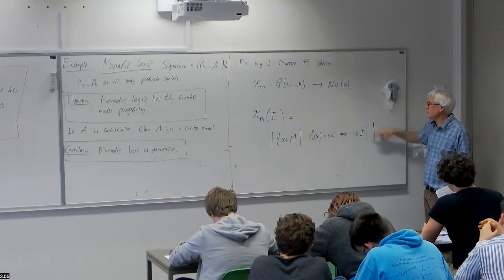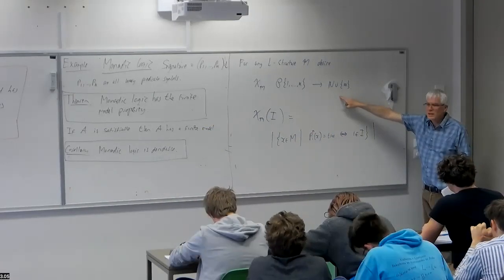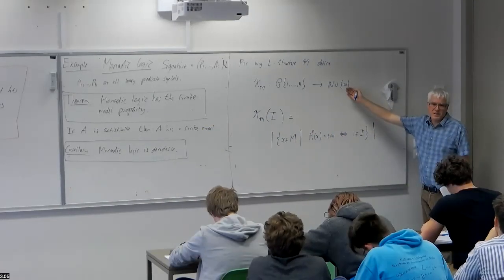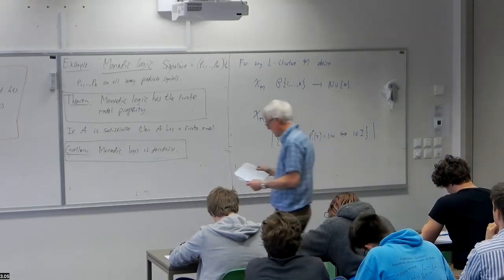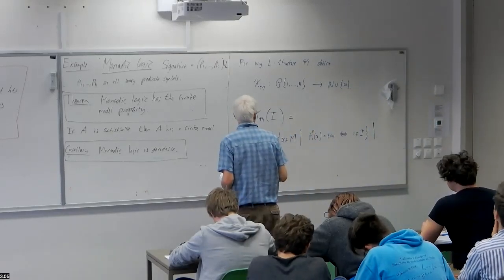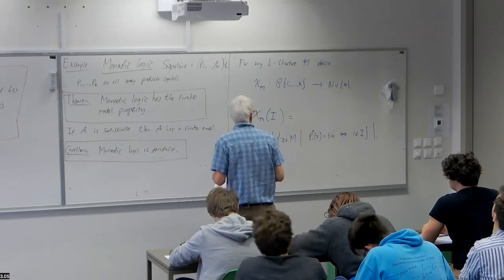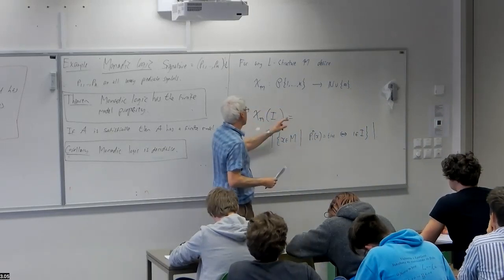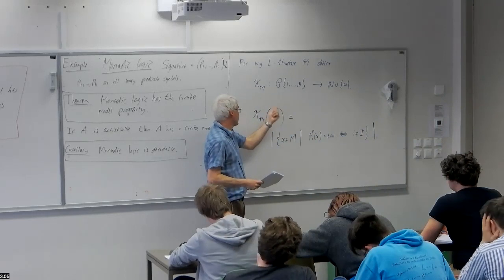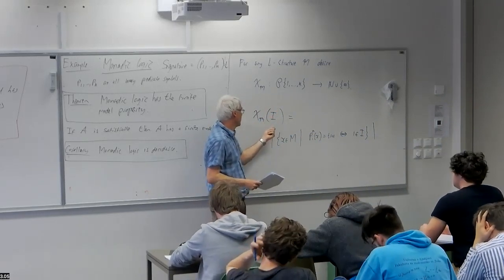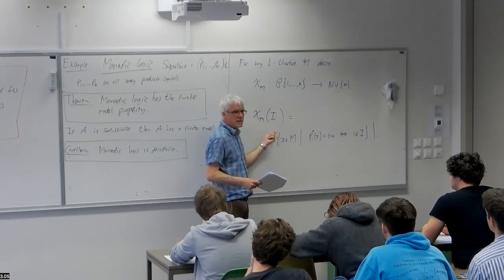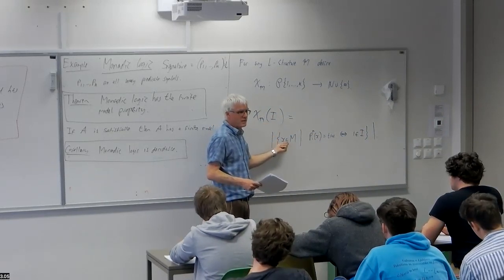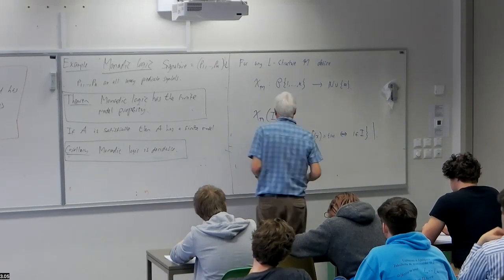So if it's a finite set, then we assign a natural number. And if it's an infinite set, we just assign the value infinity. We're not going to be bothered about distinguishing between different infinite sets. So for every set of labels of predicate symbols, we look at the number of elements of the structure that satisfy exactly those predicates, but none of the other ones.